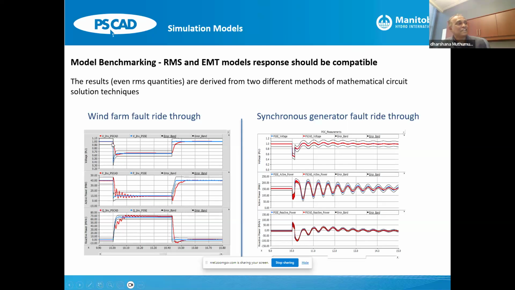In general, they should both give comparable results. Of course, you can't get identical results from an EMT and an RMS type model for some of the tests that you may perform, but the overall conclusions that you get from the model should be comparable. So model benchmarking should be done in an organized way as well.